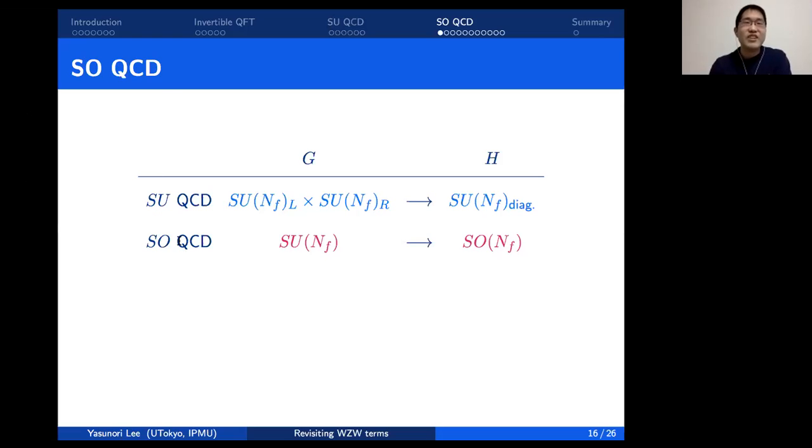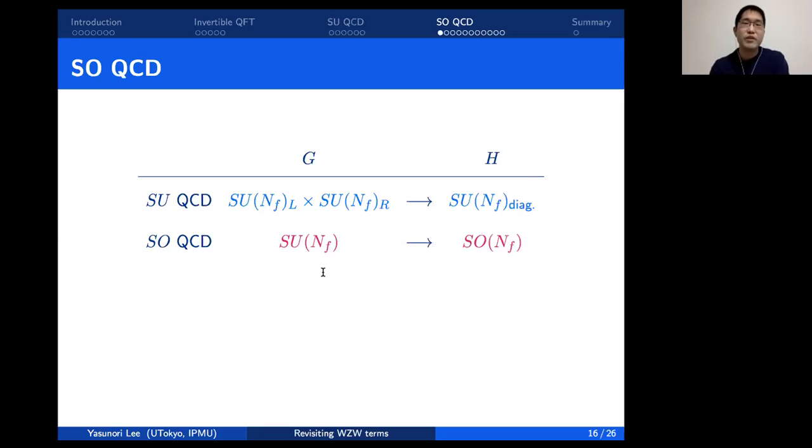So SO QCD is an SO(NC) gauge theory coupled to NF Weyl fermions in the fundamental representation of the gauge group. In SU QCD, we had to include additional NF anti-fermions in order to cancel the gauge anomaly. But in SO QCD, since the fundamental representation is real, not complex, there's no distinction between fermions and anti-fermions, and also there is no gauge anomaly.